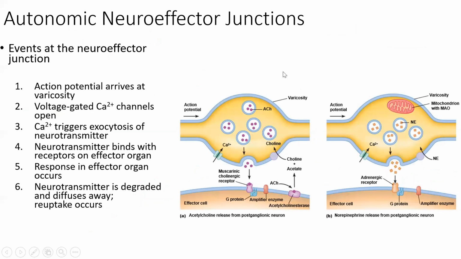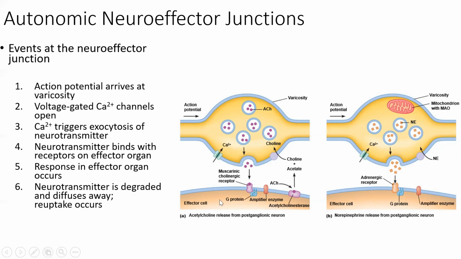All right, so this is just summarizing, again, just going over this for a bit of repetition here. We've got the events that are taking place, and we want to understand that the events are different depending on where we are in the autonomic nervous system, what division of that nervous system. So we've got action potential arriving at our varicosity, the opening up of voltage-gated calcium channels, calcium triggering the exocytosis of our vesicles, of our neurotransmitter within that vesicle, and then they can cross the junction, which is a little bit wider here, remember, and then they can bind to their respective receptors, and then they can bring about cellular response.